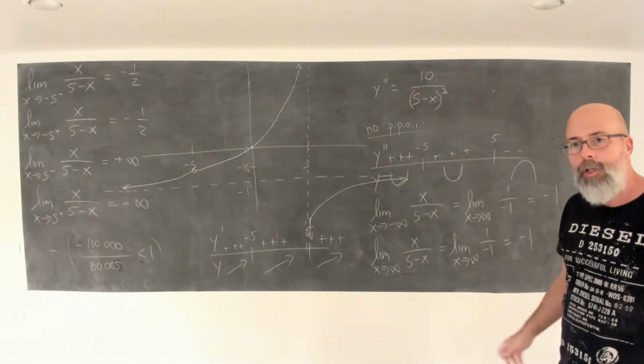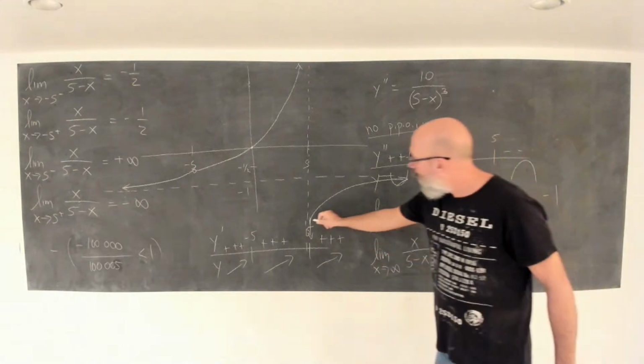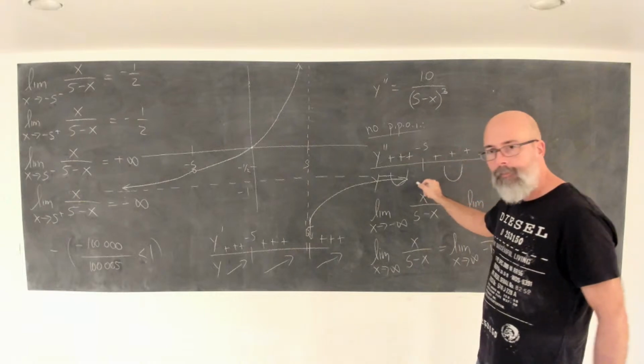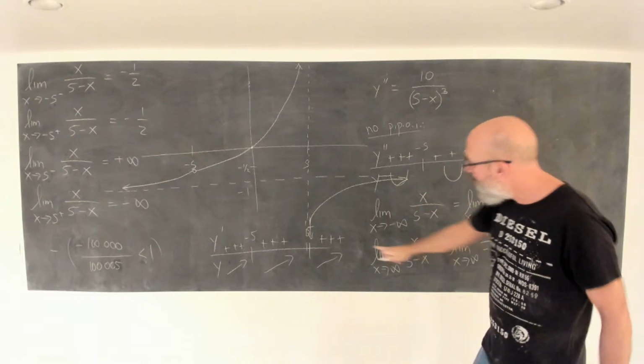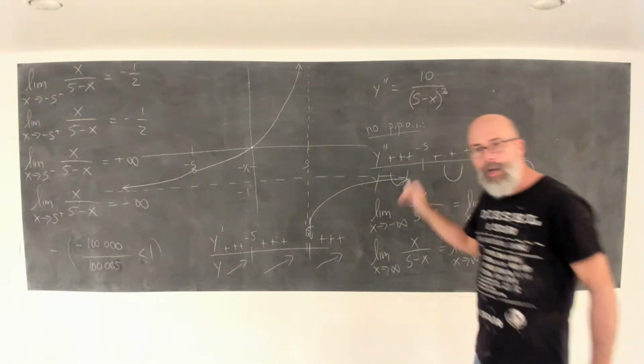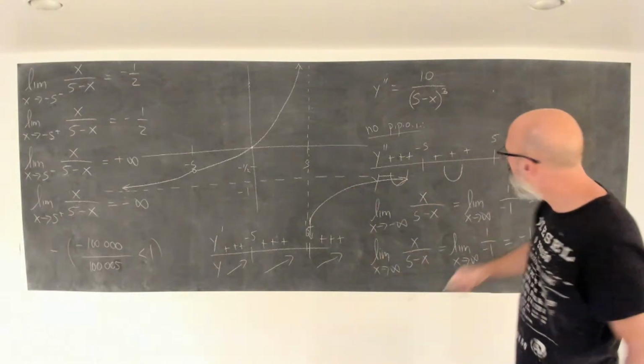Matthew's asking, do we do the same check on the right to see if it crosses? On the right, if it crosses, then it would have to come back down. And we don't have that in our first derivative chart. You could check that for large values of x.